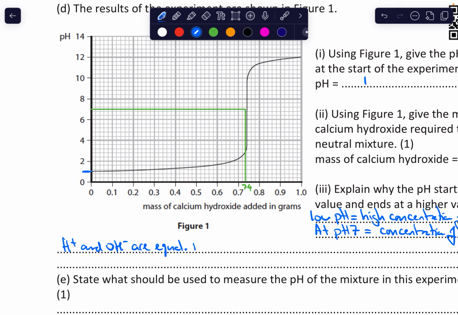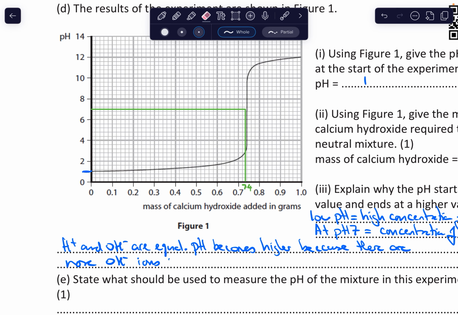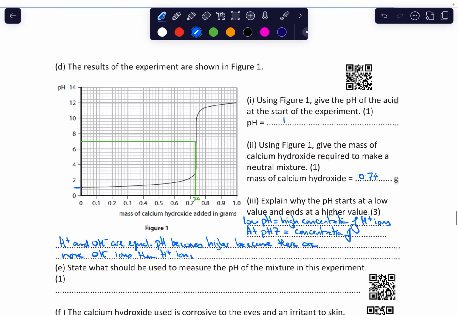I'm going to say here that the pH becomes higher because there are more OH minus ions than H plus ions, and that makes it become alkali.